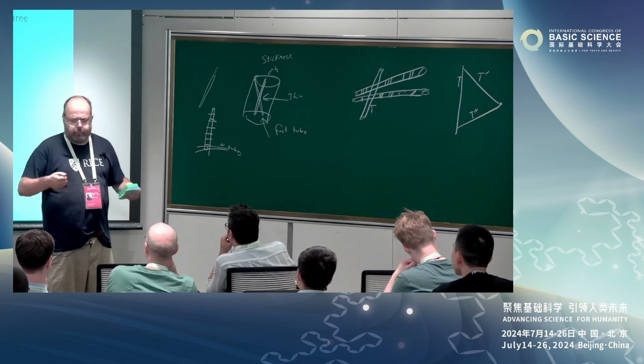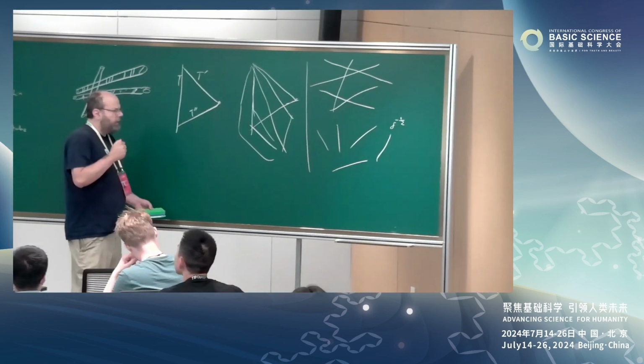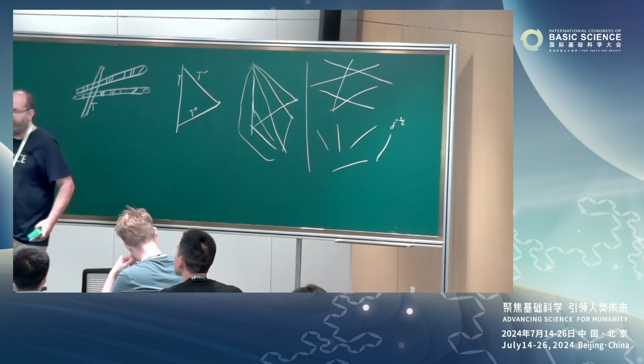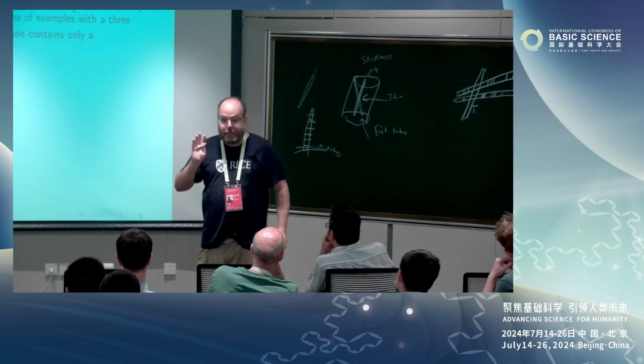So that's a kind of very strong rigidity. And the problem with that heuristic is that it's a totally bad heuristic. And I want to explain why it's a bad heuristic.